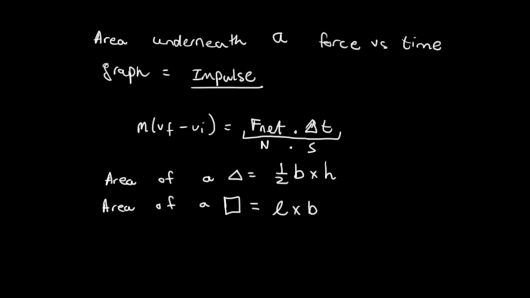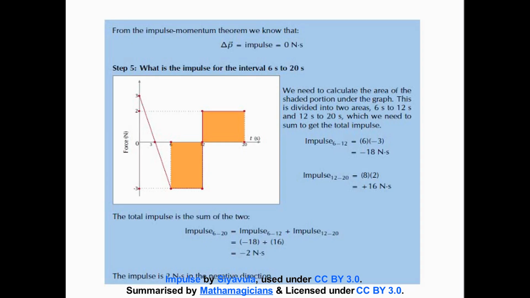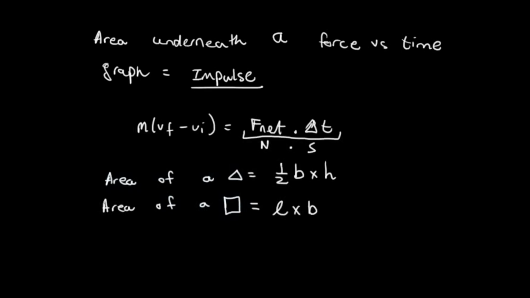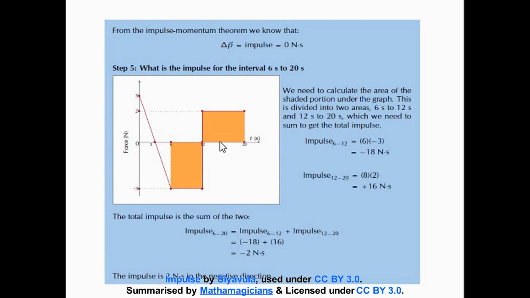So over here, from the 6 to 12 interval, we have 12 minus 6, which is 6. And we know that this length over here is negative 3. So the impulse from the 6 to 12 interval is negative 18 newtons per second.